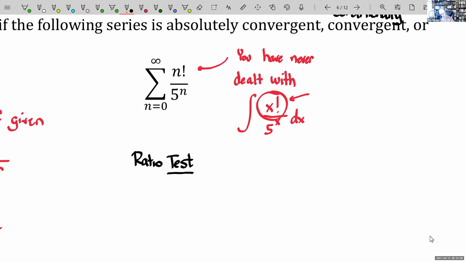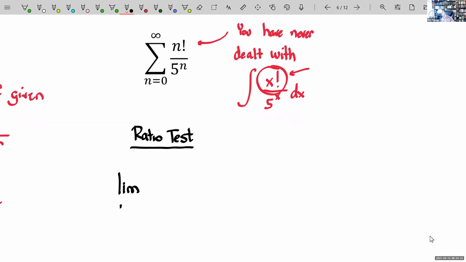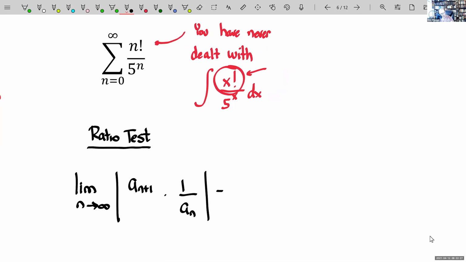The ratio test is pretty much the most ideal test to use when you have factorials, because you're going to take the limit as n goes to infinity of the absolute value of the next term in line times the reciprocal of the current term. Because everything's positive, I'm just going to remove the absolute values.